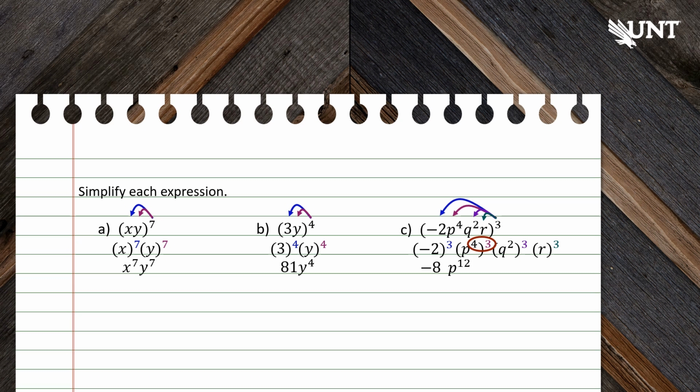Next, for q, we have q squared raised to the third power. Again, notice your exponents are side by side and touching, which means again we can multiply, making that q to the power of 6. And then finally, we are left with r to the third power. So in the end, our simplified result is negative 8 p to the 12th, q to the 6th, r to the 3rd.